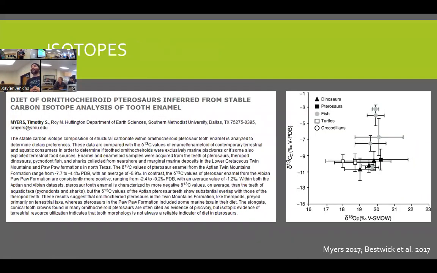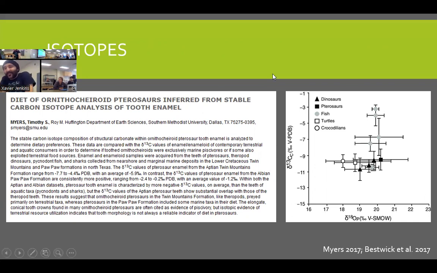Similarly, there have been a couple of studies which looked at delta carbon-13 values in pterosaur teeth. Delta carbon-13 values can help differentiate whether the pterosaur was eating terrestrial or aquatic prey, because the proportion of carbon-13 in seawater is going to be different than what you're going to find in terrestrial systems.